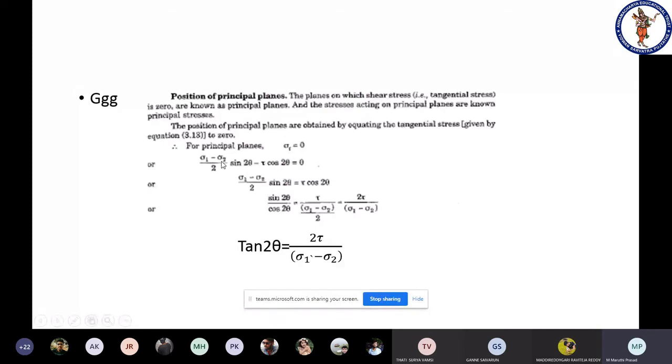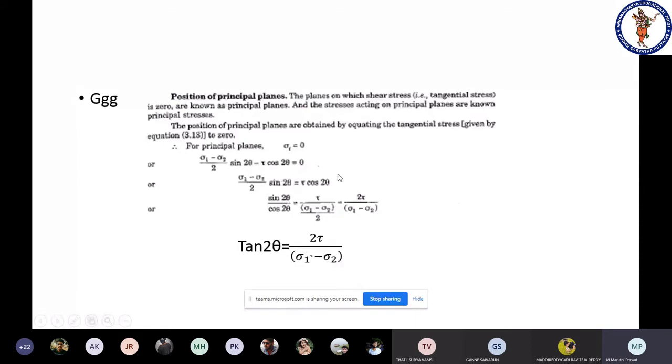Sigma t is nothing but sigma 1 minus sigma 2 by 2 sin 2 theta minus tau cos 2 theta, which is equal to 0. So from that, just by rearranging the terms, what we are getting? Sigma 1 minus sigma 2 by 2 sin 2 theta equals tau cos 2 theta, as it goes to the other side of the equal sign, so it is positive. Tau cos 2 theta.